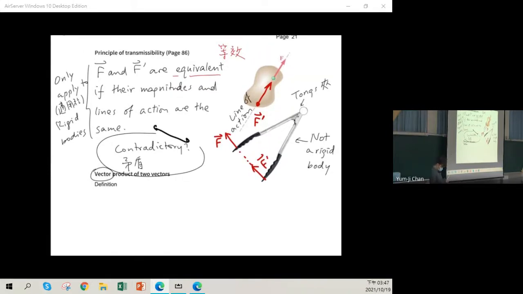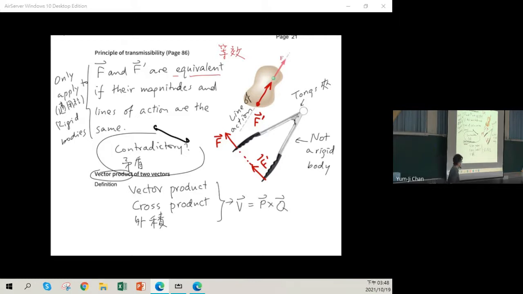Sometimes I like calling it cross product, and of course you have learned it. It is actually this one. These three are the same thing.